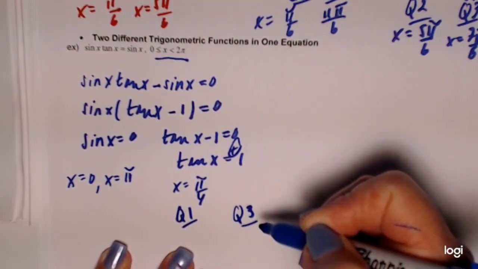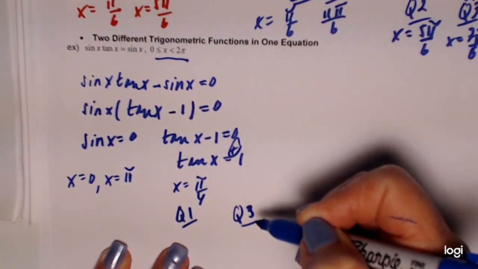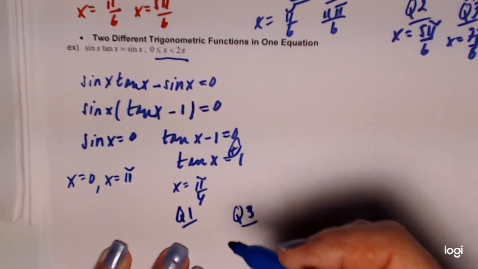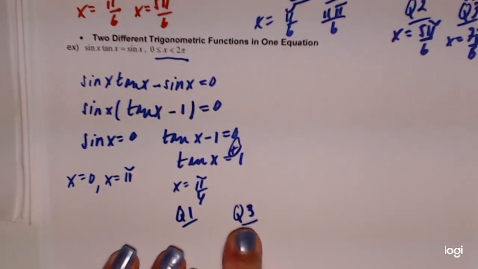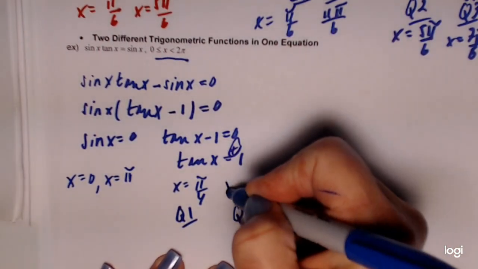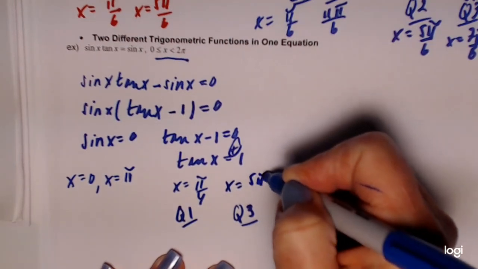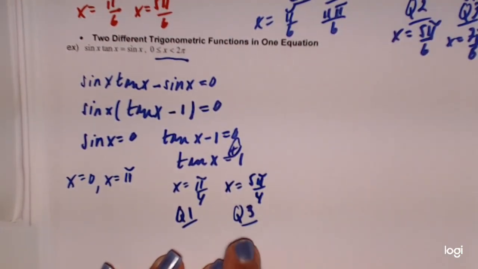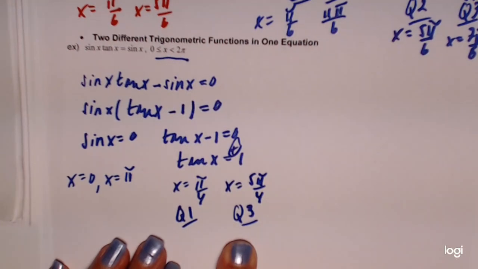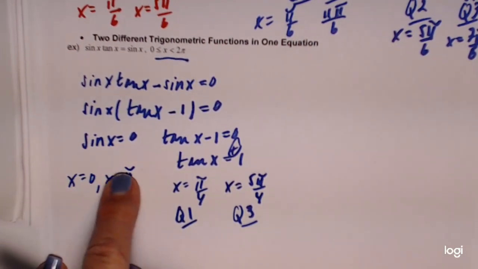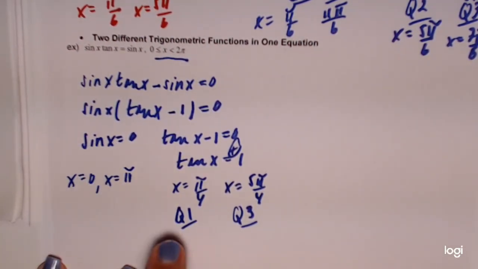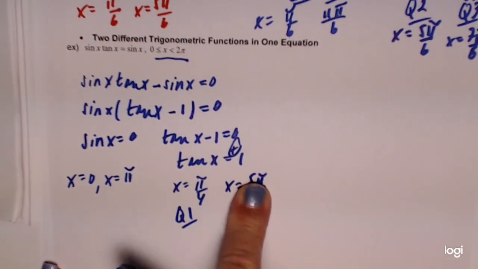So I'm going to skip the process of adding pi n and finding the solutions that way, and just go right to Q3 to find my other angle. And in Q3, x would be 5 pi over 4. So here we have 4 answers, 2 that we got from the sine function and 2 that we got from the tangent function.